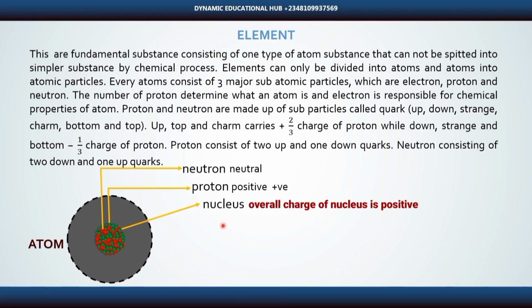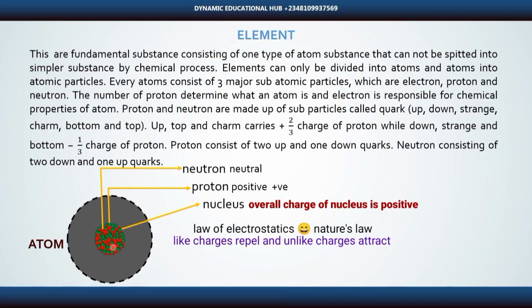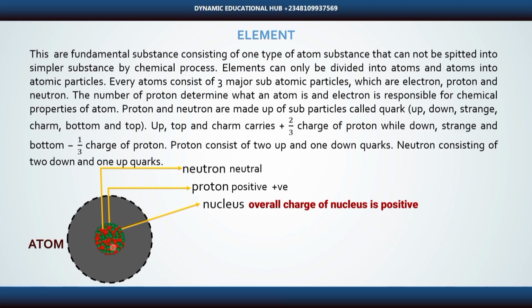The question is, why do we have neutron here? If you look at neutron very well, it is in between the protons. They are intertwined. Remember the law of electrostatics, that like charges repel, unlike charges attract. Now in the nucleus, if you have protons alone and each of these particles is positive, there will be a repulsive force between them.